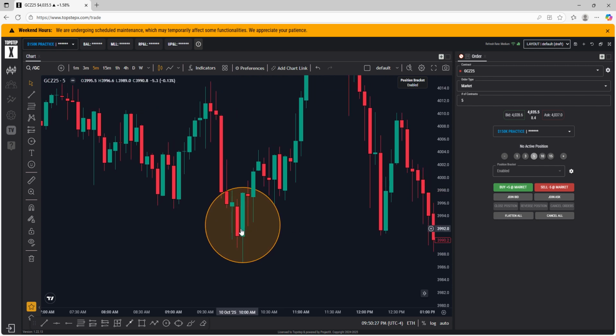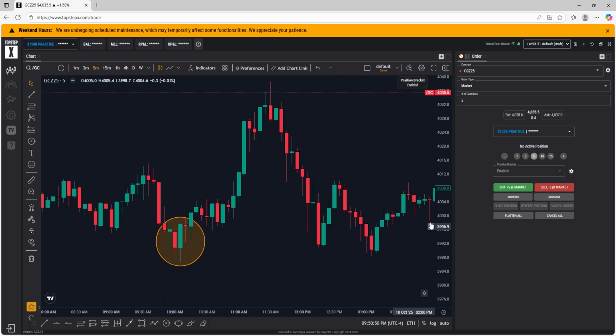When this candle engulfs this one, this shows a sign of the market changing direction, or being bullish. This is a bullish engulfing candle. So as you can see, based off this candle, what did the market do?